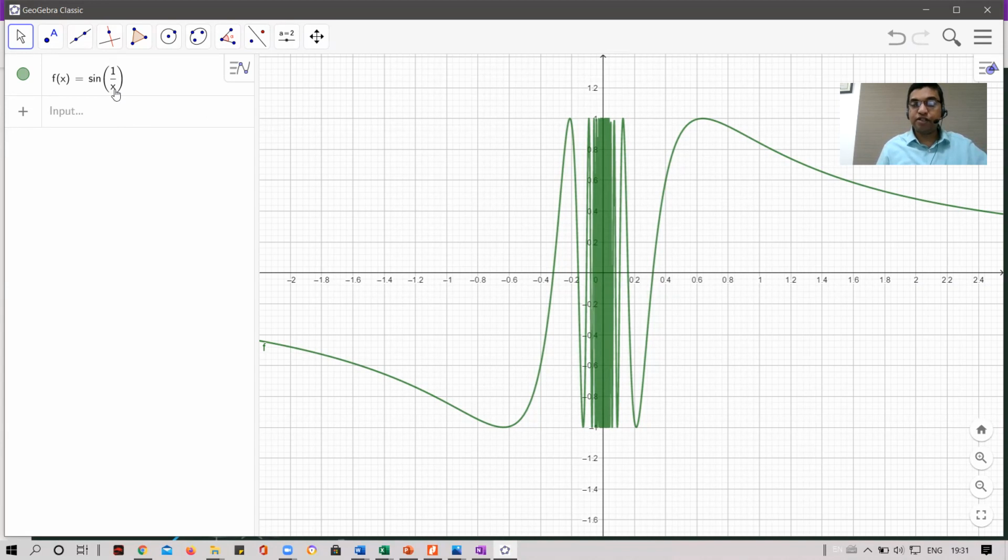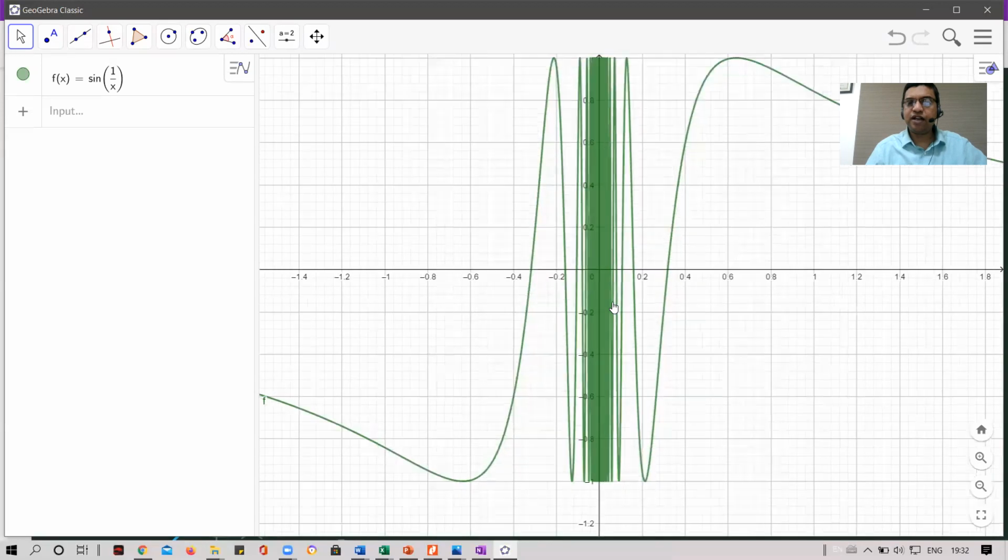When x is 0.01, then 1 by x will be 100. When x is 0.001, 1 by x is 1000. From 10 to 100 to 1000, it is jumping. x is changing by very small amounts, but 1 by x is crossing a range of values.